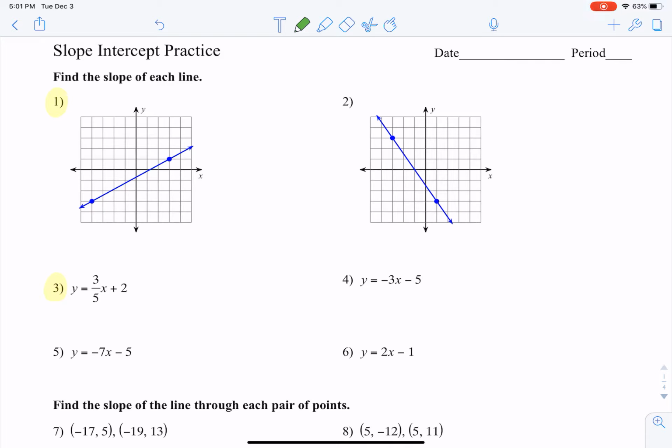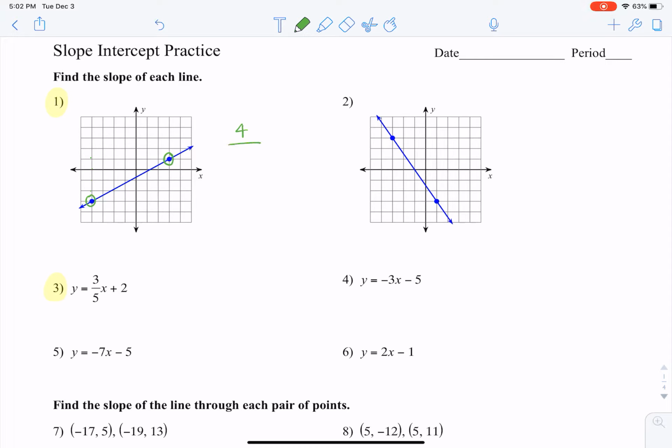So the first one is find the slope of each line. So here is nice point number 1. Here is nice point number 2. I know that I'm looking for the change in y over the change in x, and I always start with the point that's closest to the left side of my graph. So here I can go up 1, 2, 3, 4.